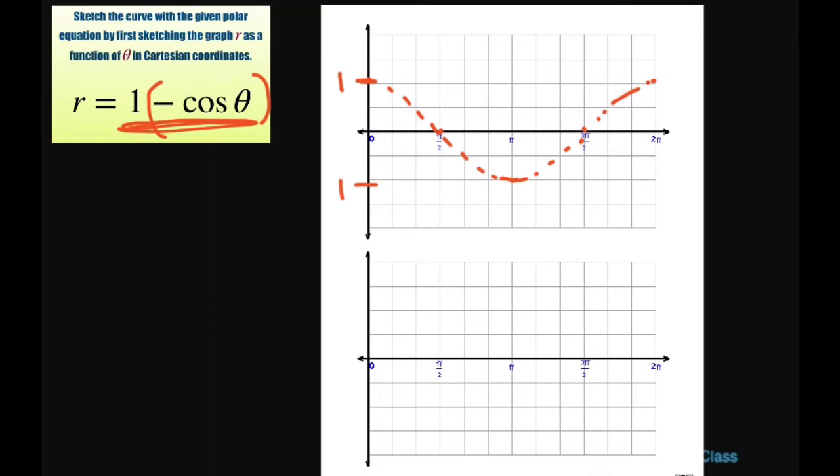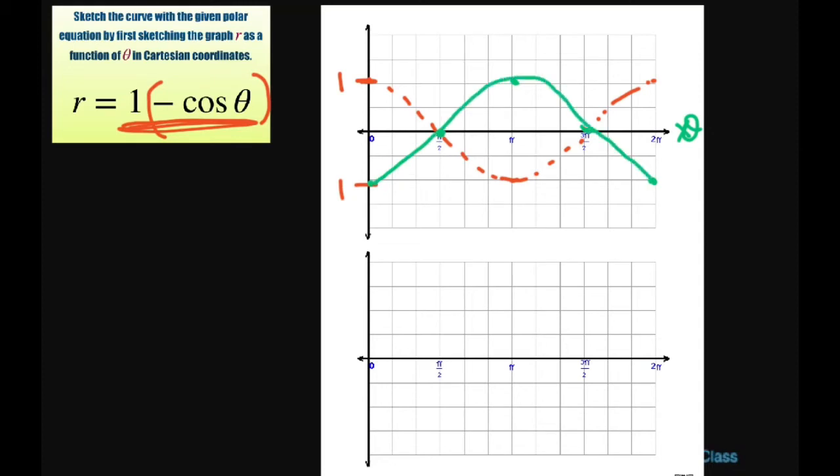So basically, we're going to start here. It reflects over this x-axis, or let's call this the theta axis. So we start here, here, here, here, and back to here. All right, so here's your graph.